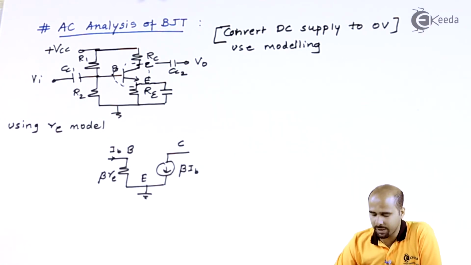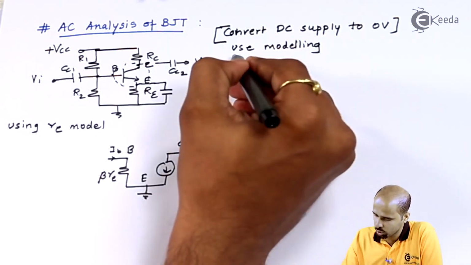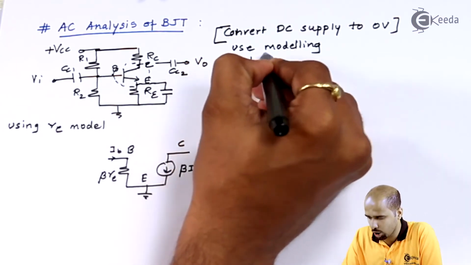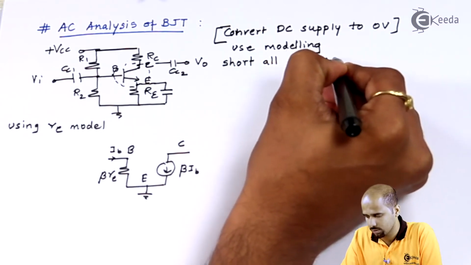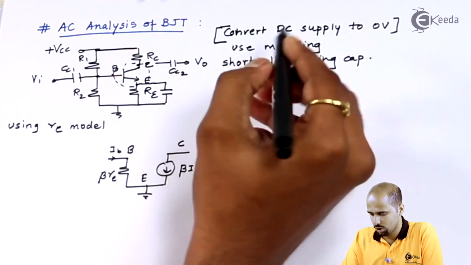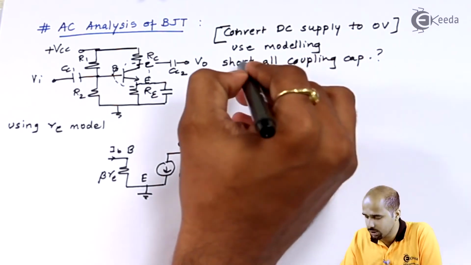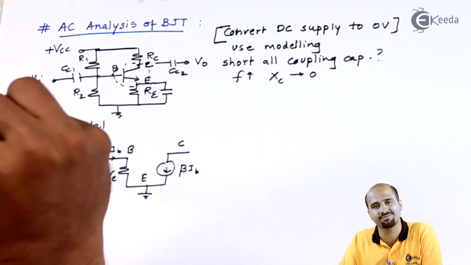So basically, if I am doing DC analysis, I will be taking the resistance RE into the picture. But if I am doing AC analysis, I am keeping all the capacitors shorted, right? So the question arises, why? We will short all coupling capacitors. As frequency comes into the picture, as frequency increases, my XC will tend towards 0, right?